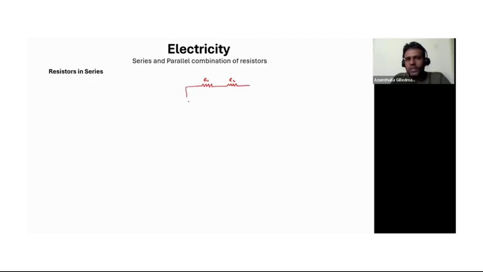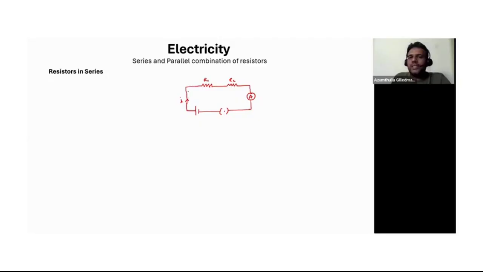And this combination, let's say, is connected to a battery, to the positive and negative terminal. And then I have a switch, and then I have an ammeter. So the current I flows through this.